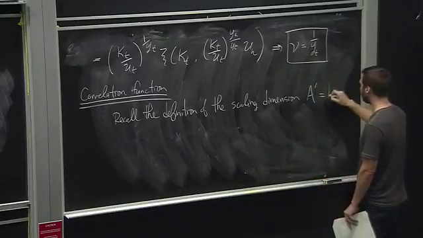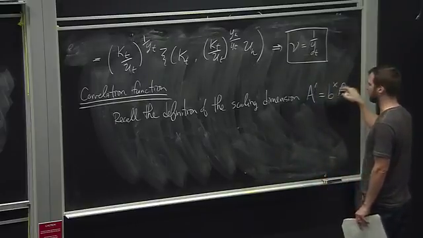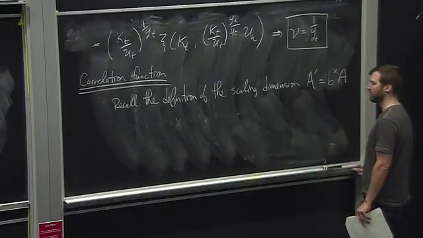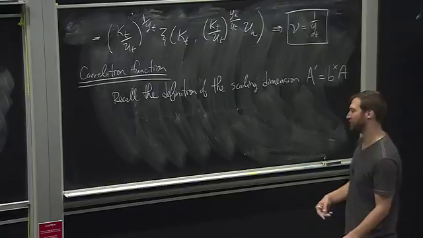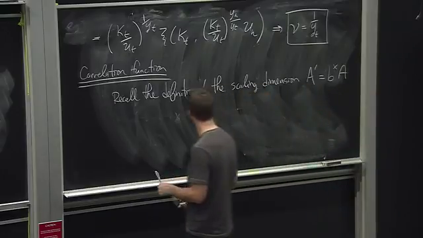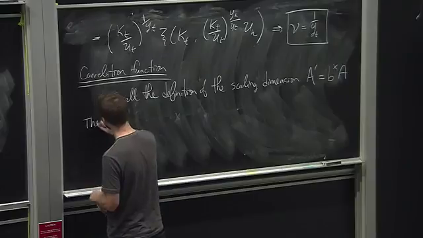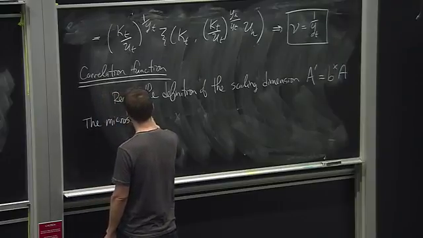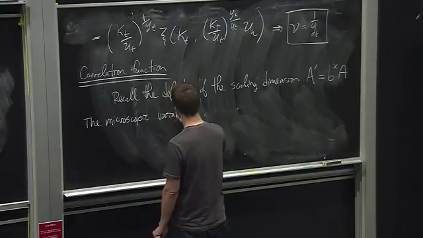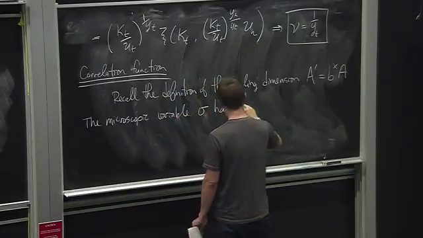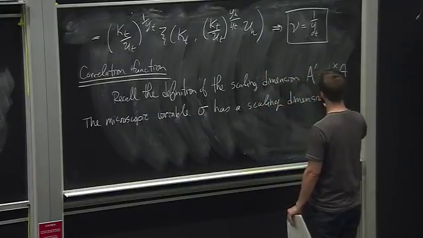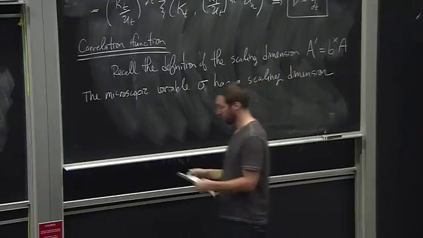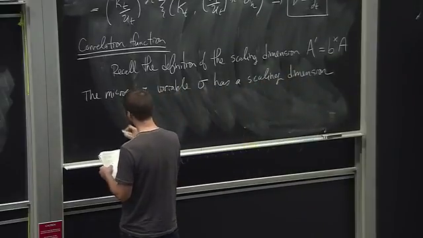If it's a prime on the left, it's b to the x times the unprimed quantity. That's a scaling dimension x. So I want to know the scaling dimension of the 2-point correlation function, but I need to know the scaling dimension of sigma, the microscopic variable. So let me just call it x for now.